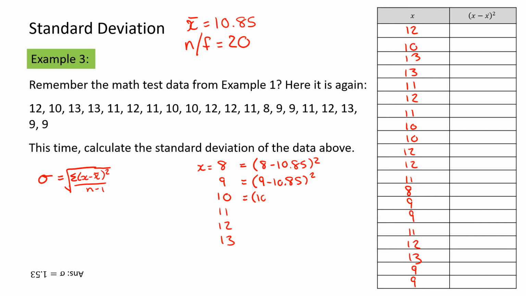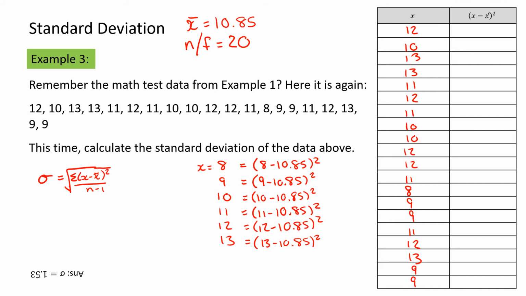For 10, 10 minus 10.85 squared. 11 minus 10.85 squared for 11. Then we have 12 minus 10.85 squared for 12. And 13 minus 10.85 squared for 13.